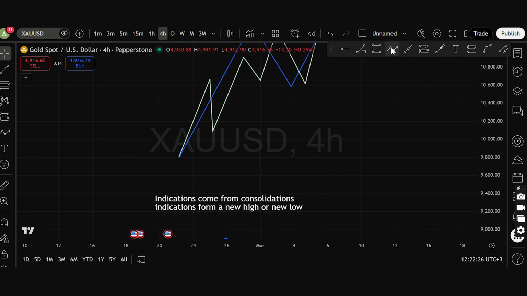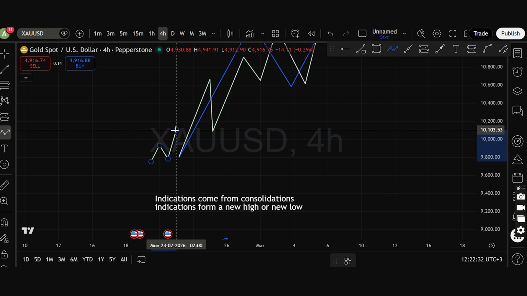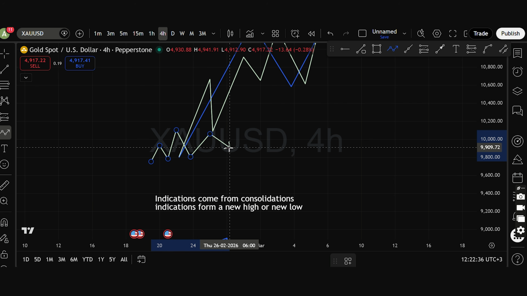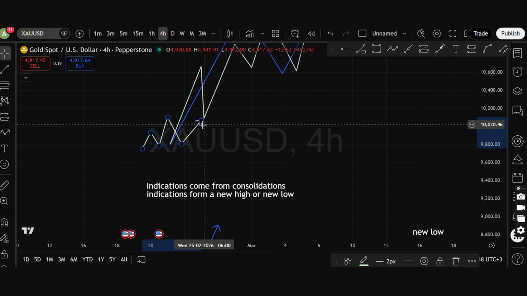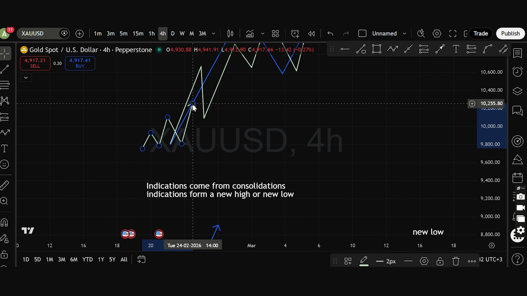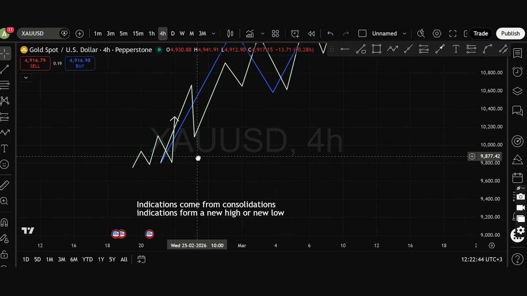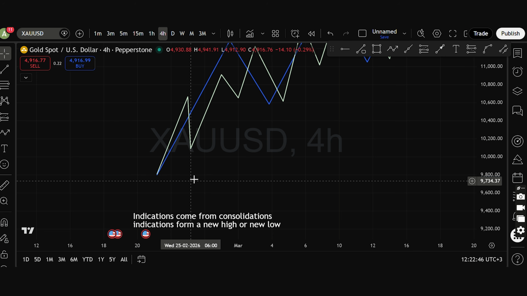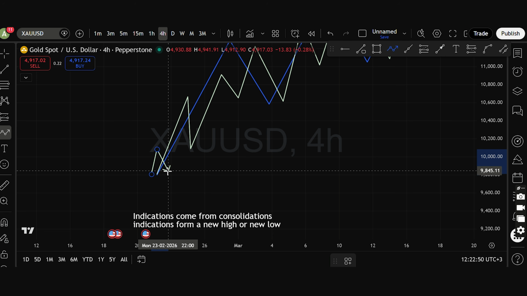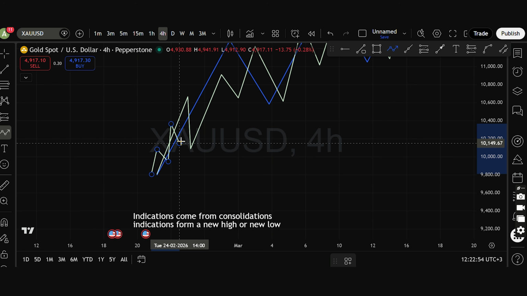So for the 1 minute, it could be something even more complicated. Just be keen on this. Just trying my best to help you guys understand structure.